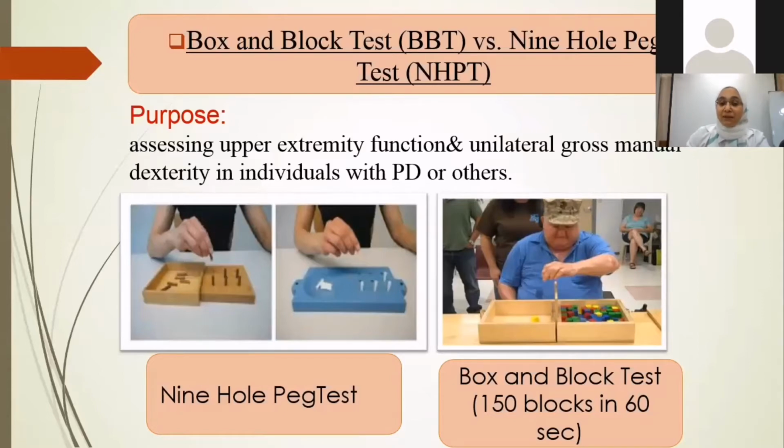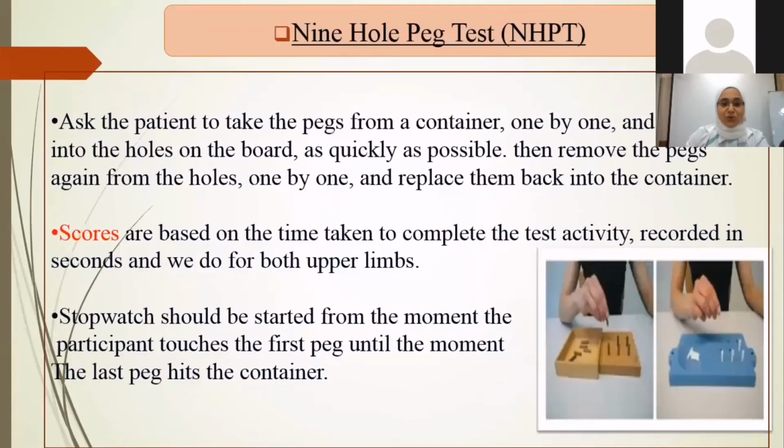So for example, we'll start first with the 9-hole peg test. We will have this device, what you see here, inshallah tomorrow, with 9 holes and 9 pegs. We'll ask the patient simply to take the pegs from the container with one hand and put them into the holes on the board as quickly as he can.